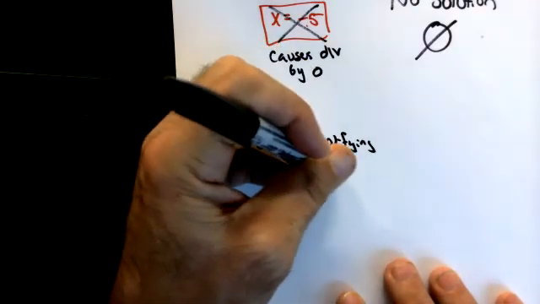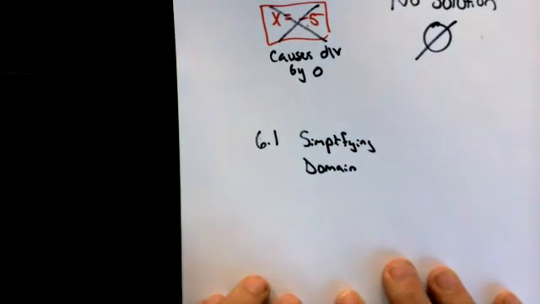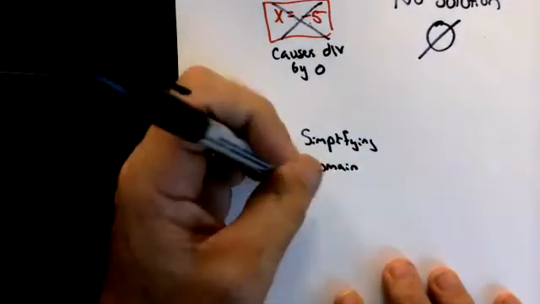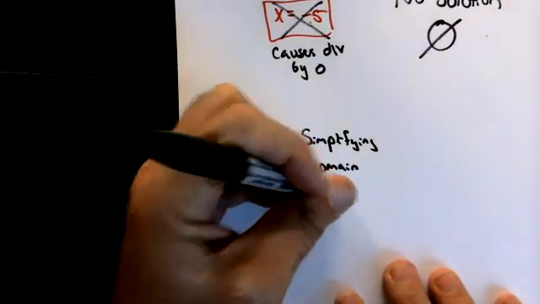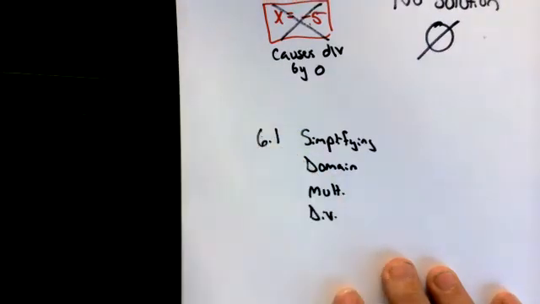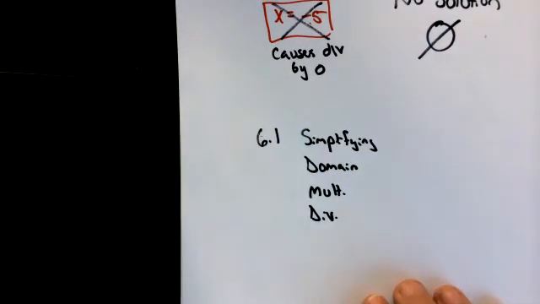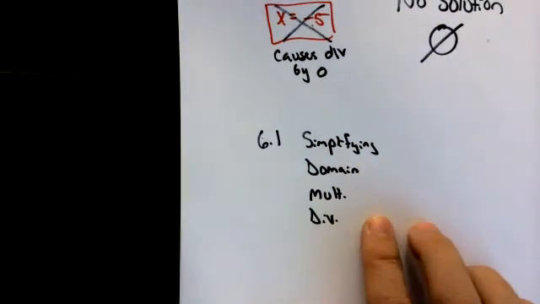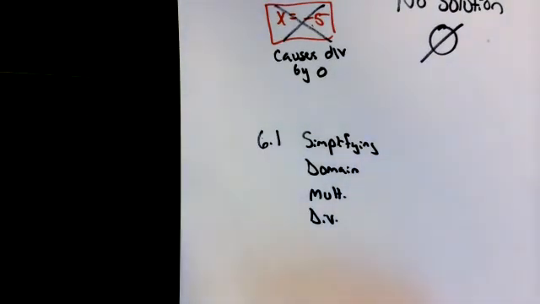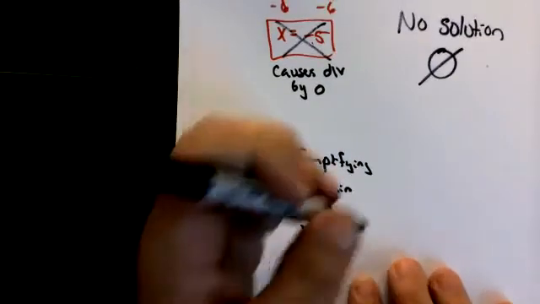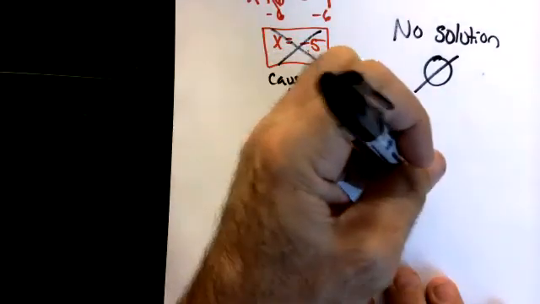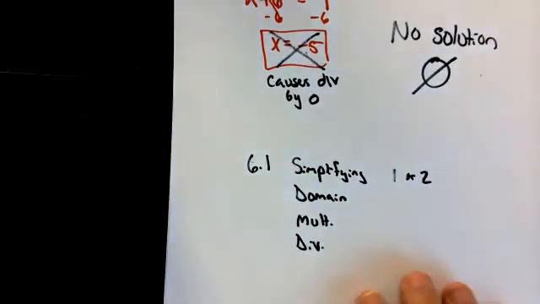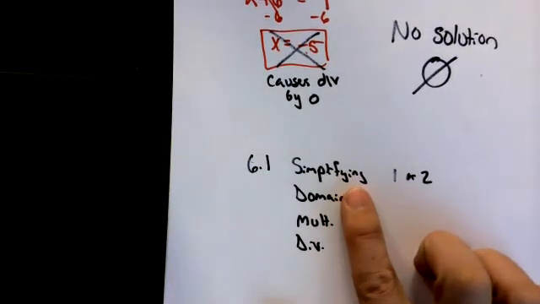Again, talking about the domain, what numbers need to be eliminated, multiplication, and division. Simplifying kind of gets brought out in all of these problems, especially in the complex fractions ones. So there will probably be just 1 or 2 where I'm just going to say, hey, simplify this, where it's not a complex fraction.